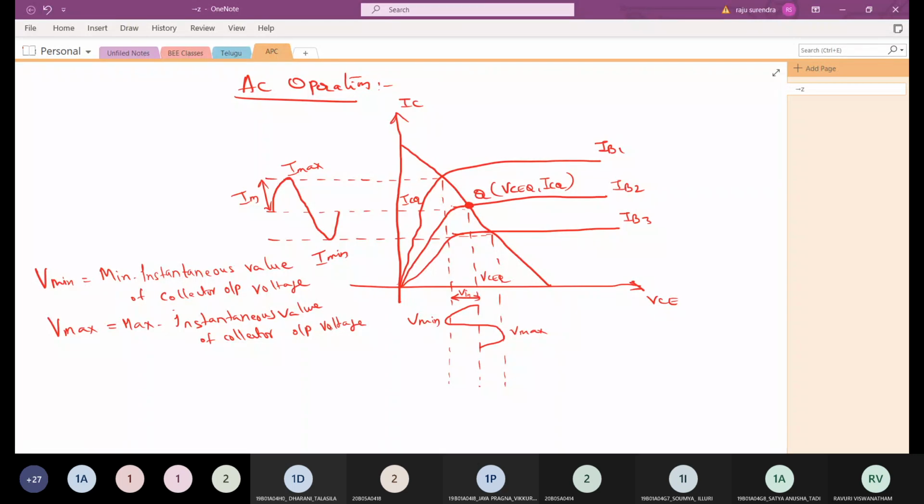And the next, I minimum also there. Now tell me about I minimum. What is I minimum here?